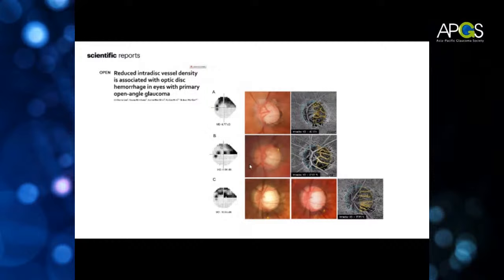We sought to investigate the association between optic nerve head choroidal microvascular perfusion status and optic disc hemorrhage in primary open-angle glaucoma patients using swept-source OCT angiography. Among POAG eyes, those with optic disc hemorrhage had lower intradisc vessel density than those without optic disc hemorrhage. As we all appreciate, optic disc hemorrhage is a strong indicator of glaucoma progression, and it is closely related to intradisc optic disc vasculature.